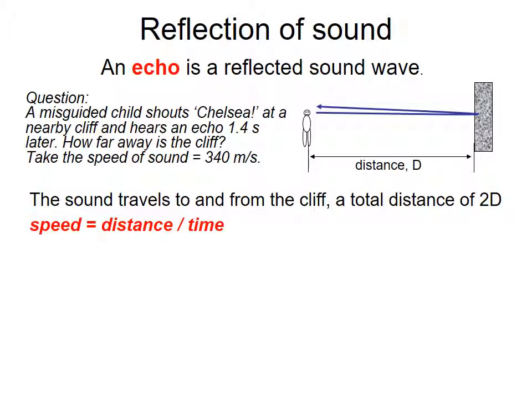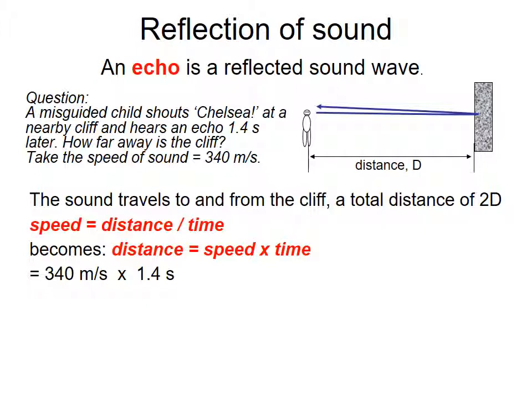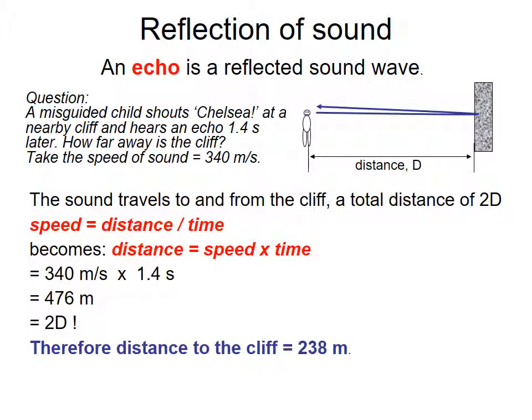So speed equals distance over time, so you can rearrange the equation to give distance equals speed times time. So 340 times 1.4 will give 476 meters. However, that is twice the distance that the sound has traveled. So you divide that by 2, so it's going to be 238 meters.